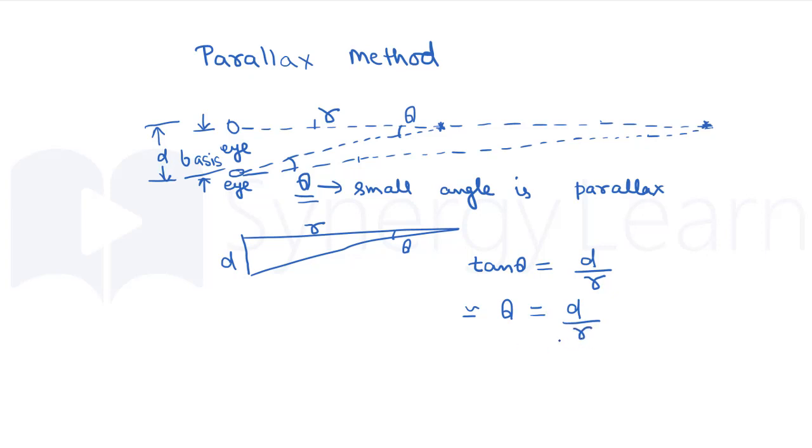The same result we can obtain for arc of a circle. Say if I assume this to be arc of a circle and these two lengths almost R being the radius of the circle, then the angle between them theta is equal to arc length divided by radius.